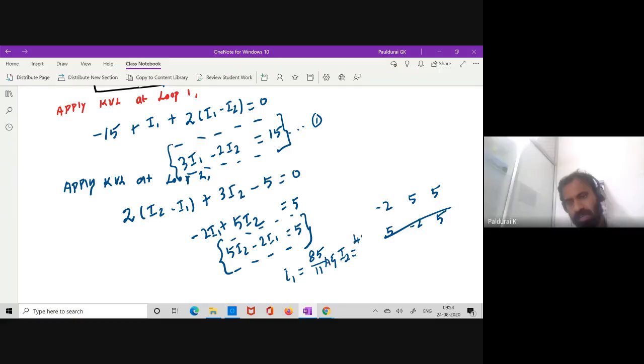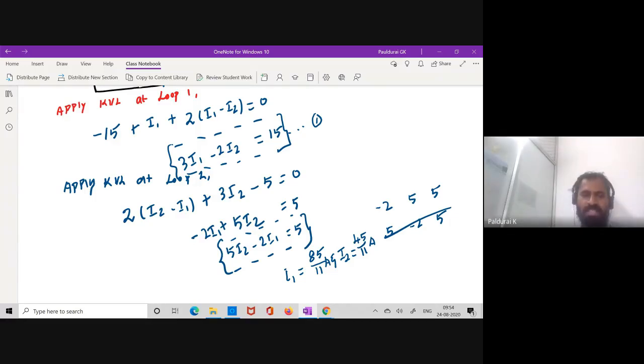Okay, so this is 3 minus 2, 15, and 5, sorry, minus 2, 5. Yeah, 85/11 and 45/11. If you want to convert this, you can convert. So 85/11 amps and 45/11 amps.